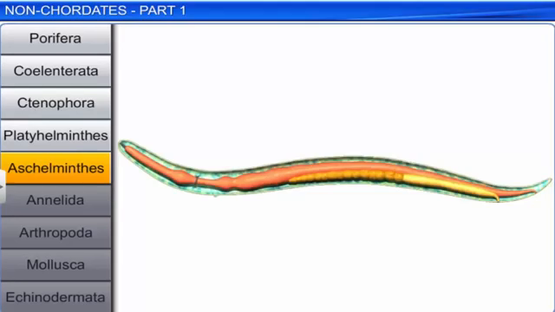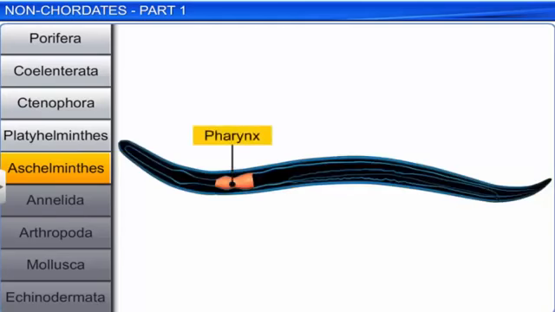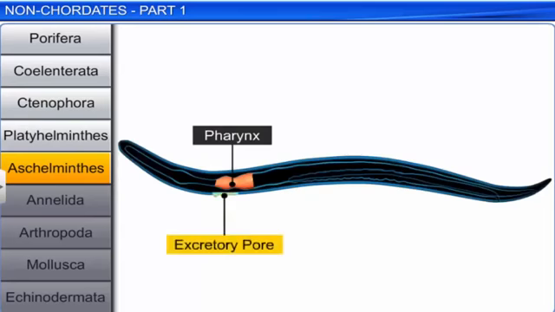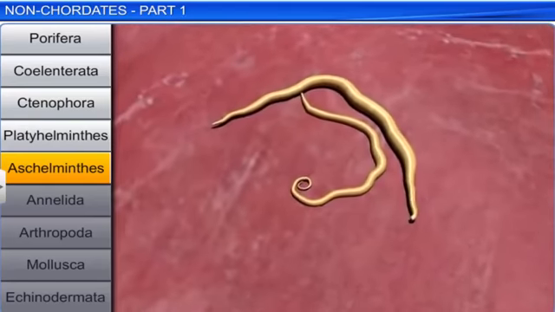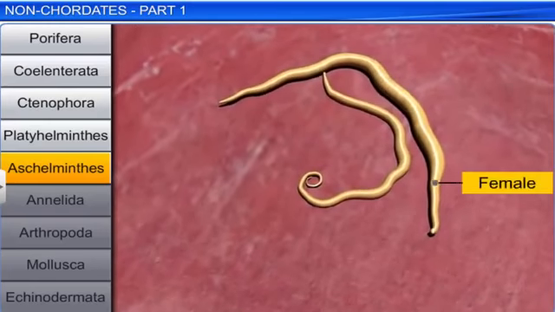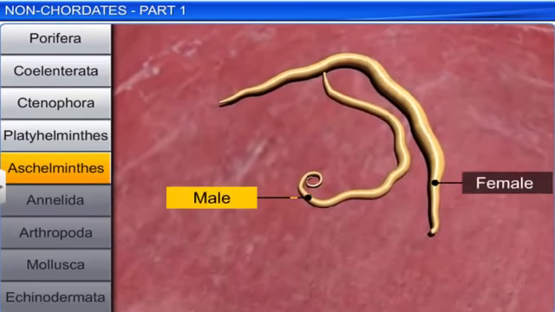In Aschelminthes, the alimentary canal is complete with a well-developed muscular pharynx. Body wastes are removed through the excretory pore. Roundworms are dioecious, and the females are usually longer than the males.